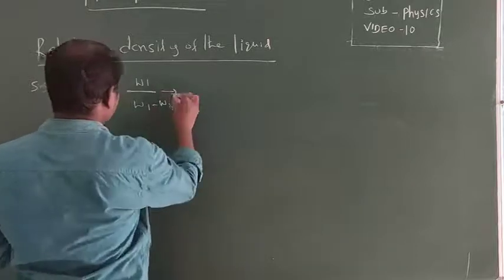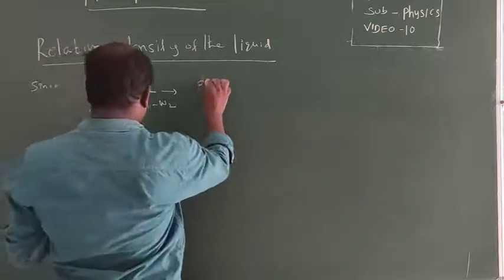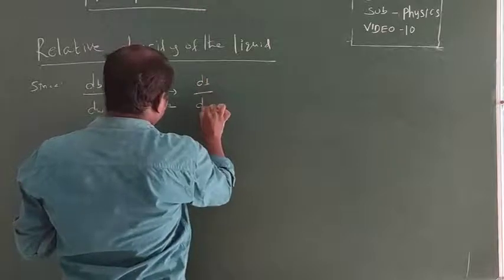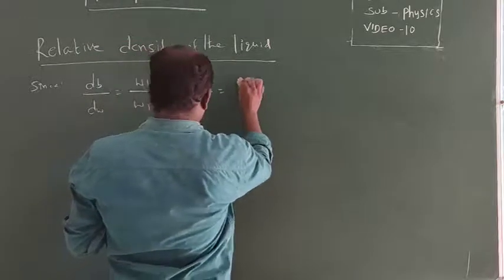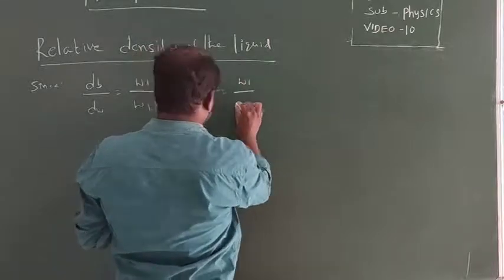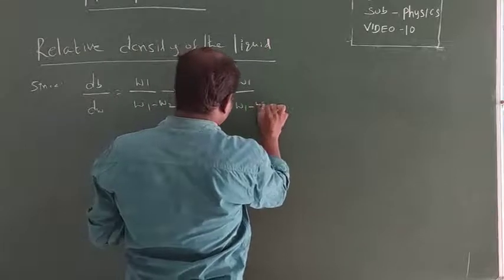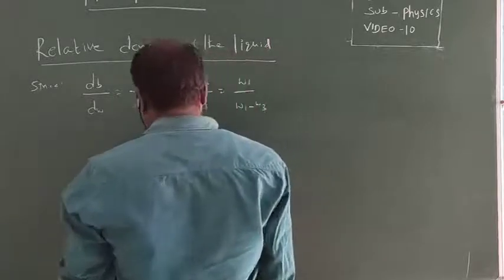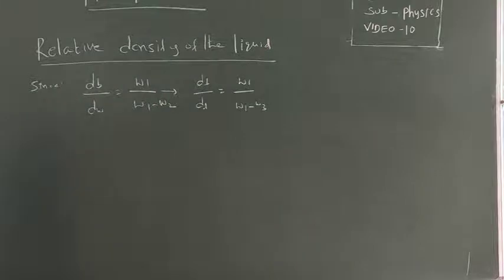That is equation number 1. Next, density of the body by density of the liquid equals W1 by W1 minus W3, equation number 2. Now we can find density of the liquid by density of the water, equation number 1 by equation number 2.